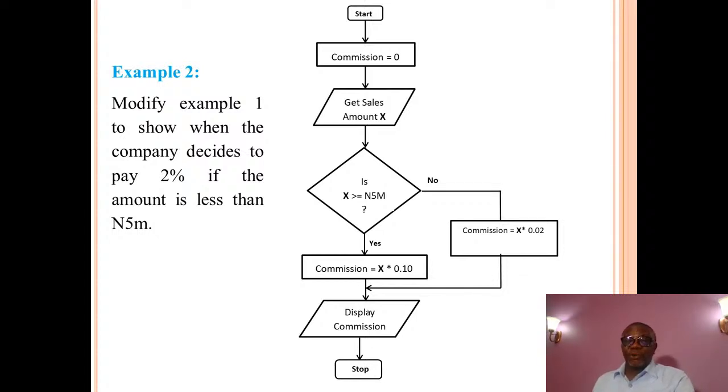If it is no, you now say commission equals X times 0.02, that is 2%. And you display the commission in your graphical user interface and stop the program.